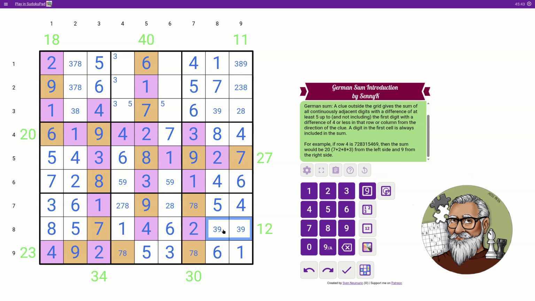Sure, so this one isn't 3, 9, because if this is 3, 9, the 2 will be part of it still. And this becomes 14. So this would have to be 3 here and 9 there, just to break the sum. Aha, that is... no, yeah, correct. Sure, and now this one can't be 8. This is really nice. Actually, I like this one.